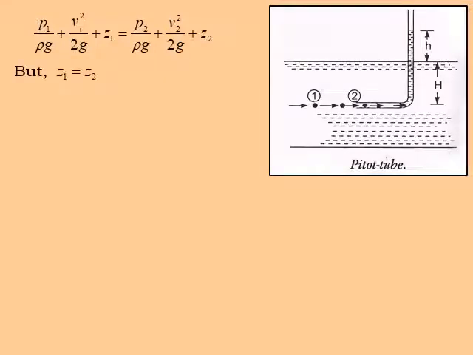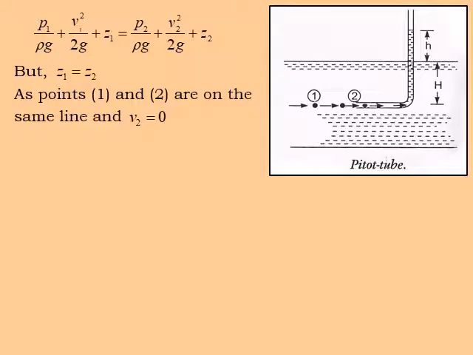Here these two points are considered at the same level, so the potential head is taken as Z1 equals Z2, as points 1 and 2 are on the same line. And we already know that the velocity of the fluid at point 2, at the entrance of the glass tube, is equal to 0.